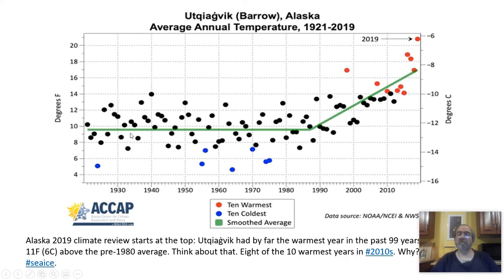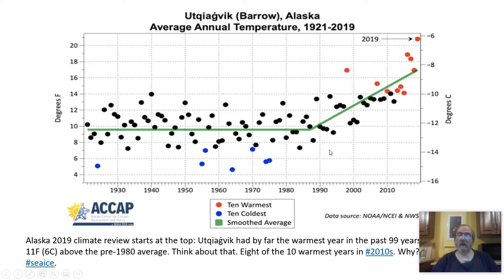Kind of a scatter shot. Things were pretty much average. Not much happening. The average yearly temperature is about 9.5 degrees Fahrenheit. The blue dots represent the 10 coldest. The red dots, the 10 warmest.